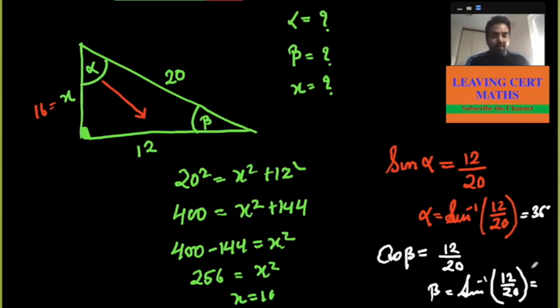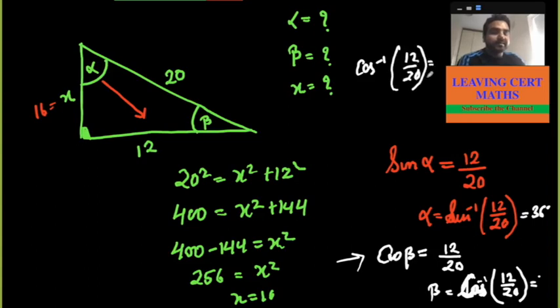No, it should not be 36. Check again. Oh, sorry. Why am I using sine? It should be cos. Okay, cos inverse 12 over 20 in your calculator. You will get the angle.